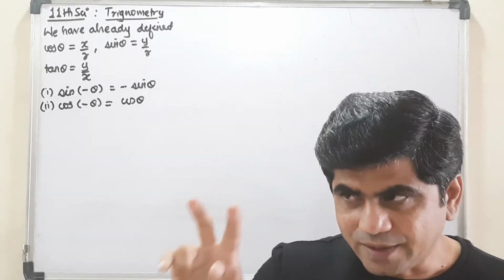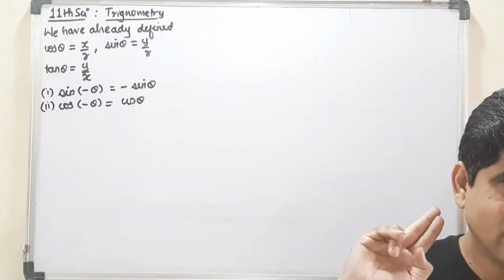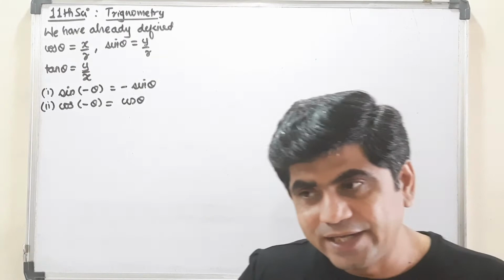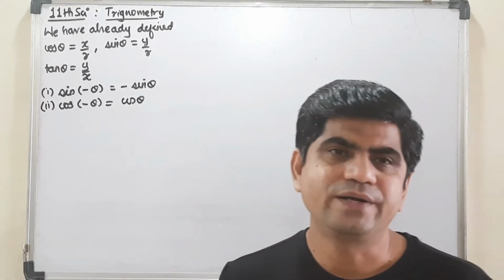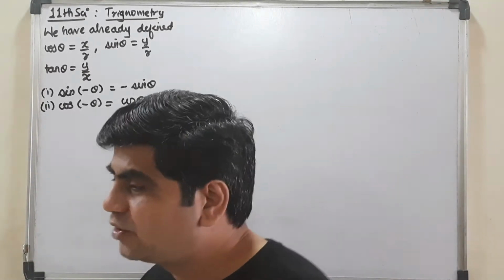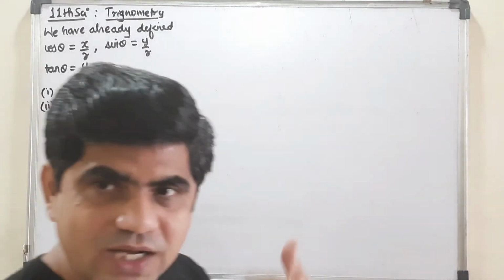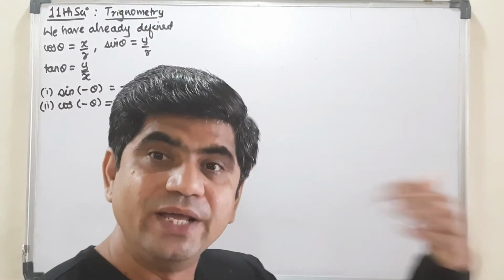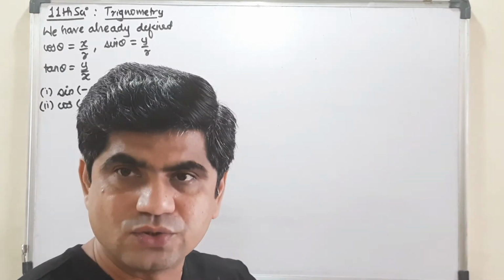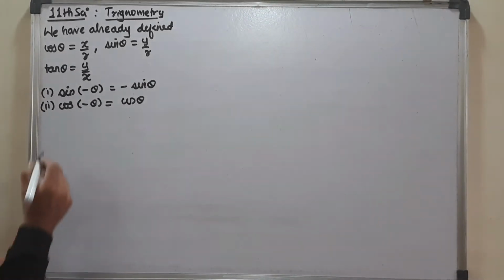That means two angles were added together, and you are getting one single ratio out of it. So what is this addition of angles? This addition of angles is called compound angle. You know the word compound already, you might have heard it many times in your lower standards also. Compound means addition. So let us understand compound angles.